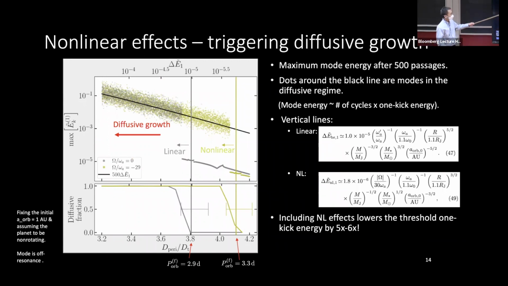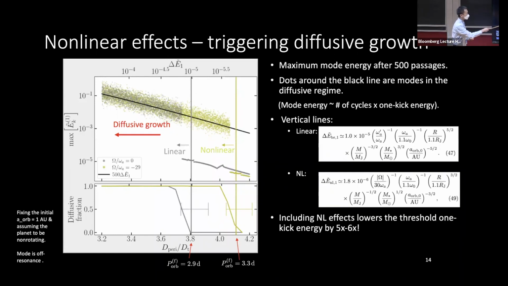Here is a more systematic view of this threshold where the diffusive tide can happen. Each dot corresponds to a system we simulate, and the y-axis is the maximum mode energy achieved after 500 passages. The key is that if a mode enters this diffusive growth phase, we should expect its energy to grow linearly with the number of passages, as indicated by this black trace.